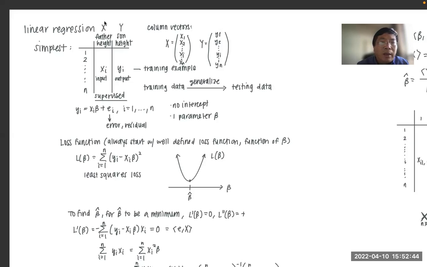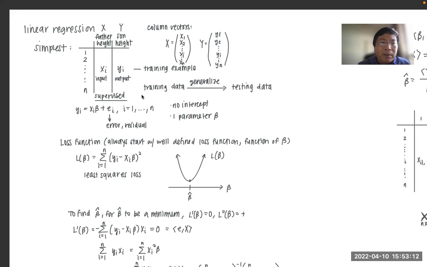So we can look at the column vector x, which consists of x1 to xn. So this is an n-dimensional column vector. And the y will be y1 to yn. So this is an n-dimensional column vector as well. And this is a very useful notation for linear regression, but probably not that particularly useful for logistic regression.